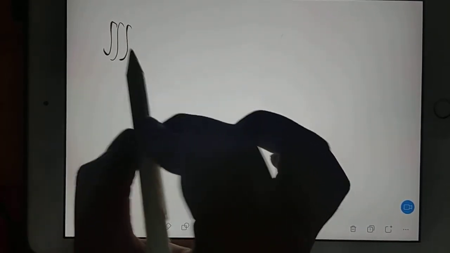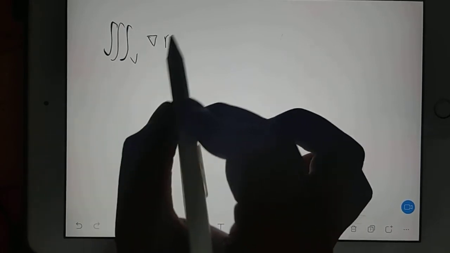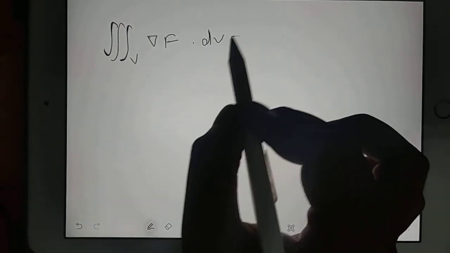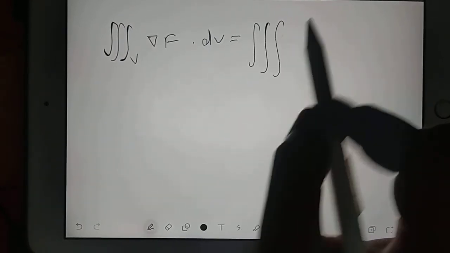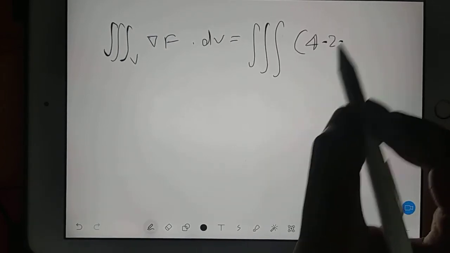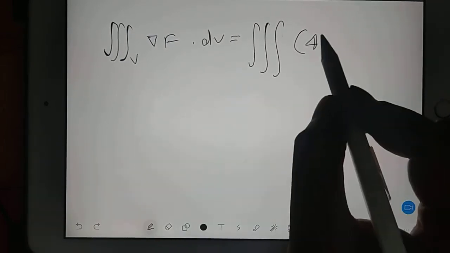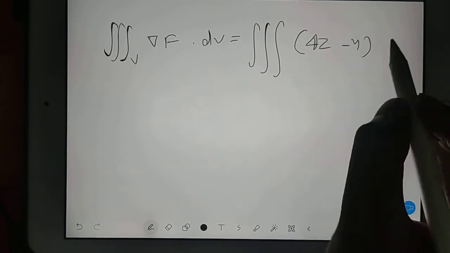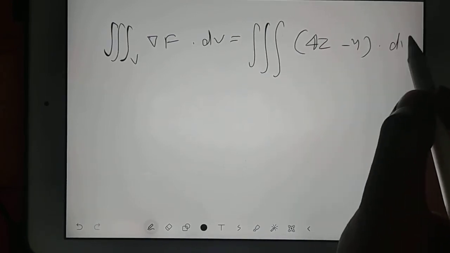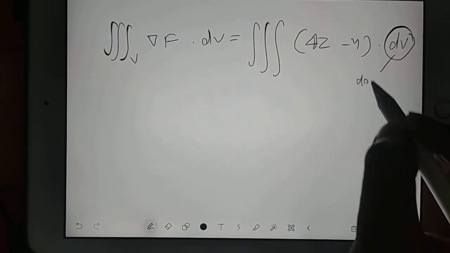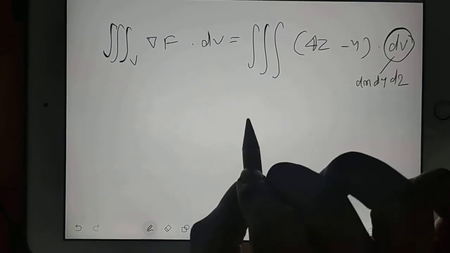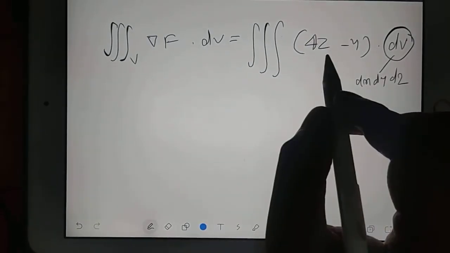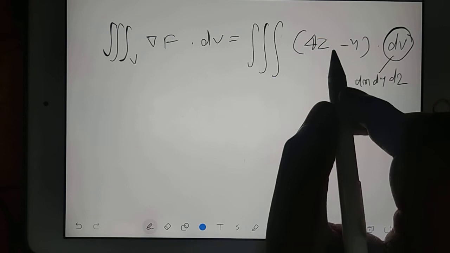See here. So your triple integration, that is volume integration, into dV. Now you will put 4z minus y, and this dV, you know what is dV? dV is nothing but dx dy dz. So for every x, y, z, you should give limits.